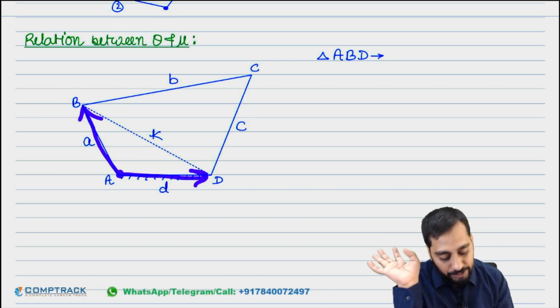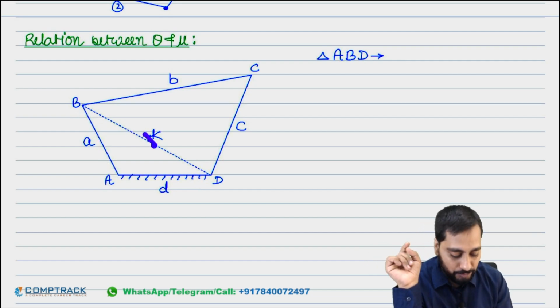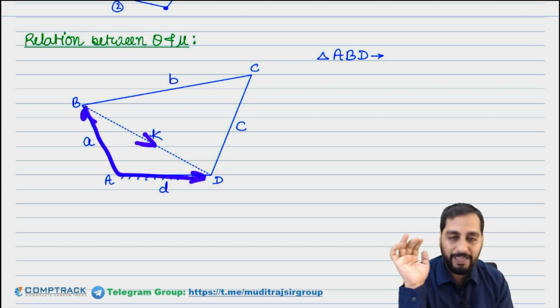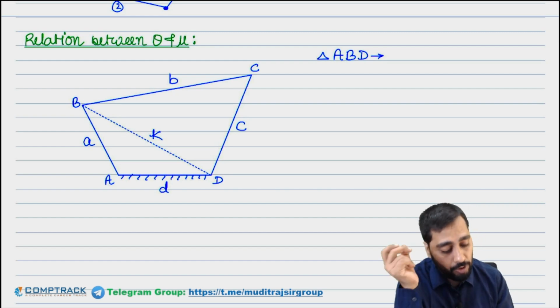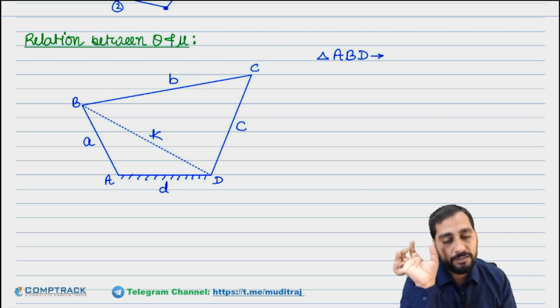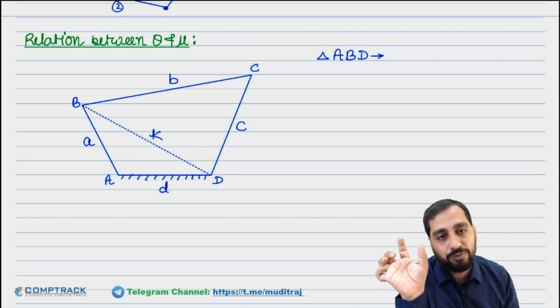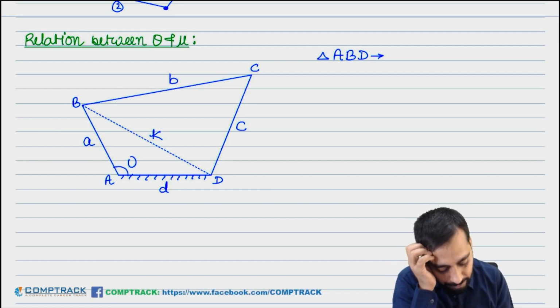So if I assume K from here to here, it will be A minus D. Actually, this is the difference of two forces. Yes or no? So how can we write the value of the resultant? The resultant force is K, and the angle between them is theta.